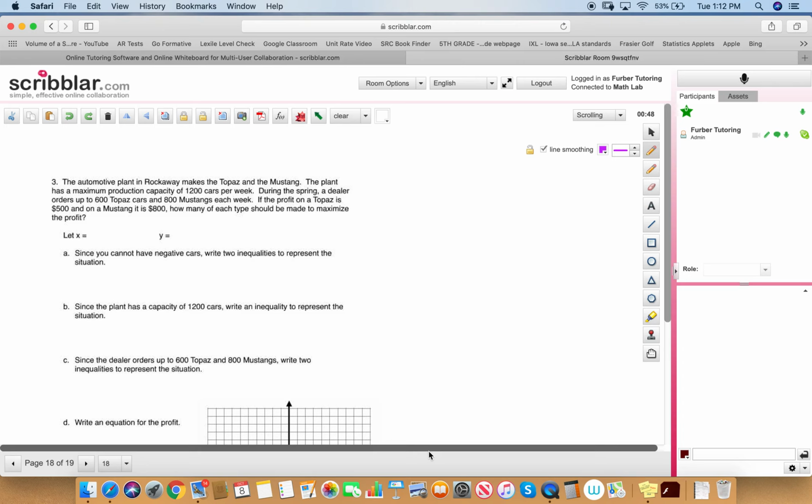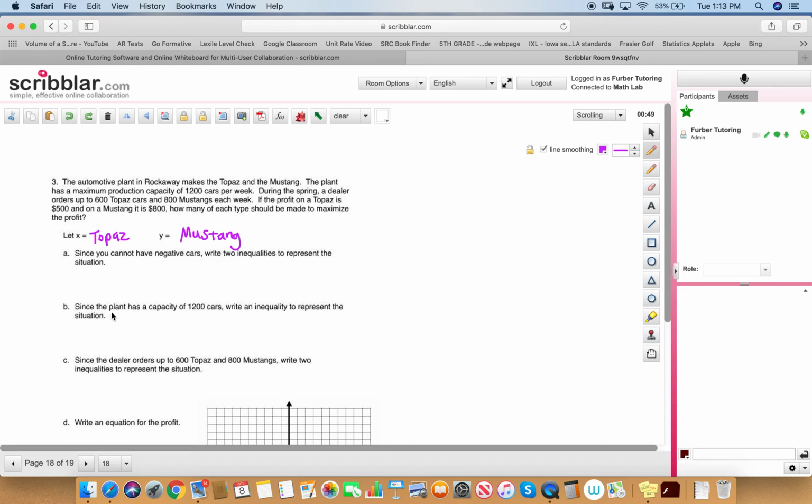Okay, so you always begin by identifying your X and your Y. So I'm going to make my X be the Topaz since that was mentioned first. And my Y is going to be the Mustang. Now this one, again, it's common sense, but I always like to list it so it makes sense to you, and it'll do this on your homework as well.